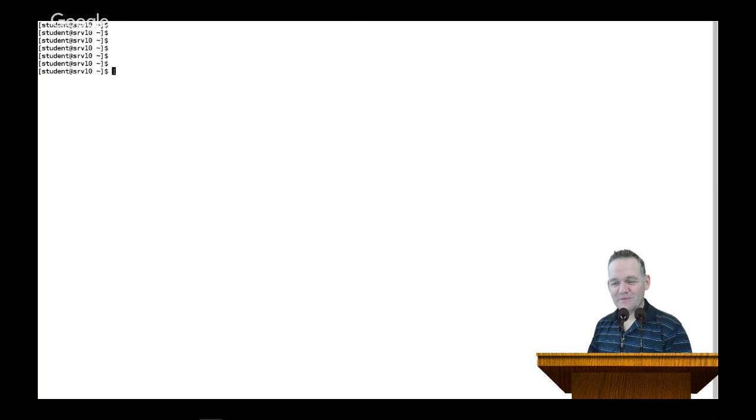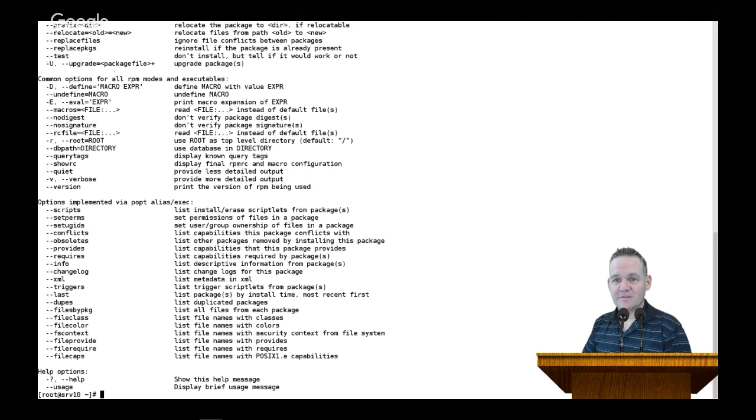Obviously, all these utilities have man pages if you want more depth. I'm going to start an interactive sudo session. So let me go ahead and authenticate here. So with RPM, you run the RPM utility, and obviously with any of these utilities, there's access via help or man pages.